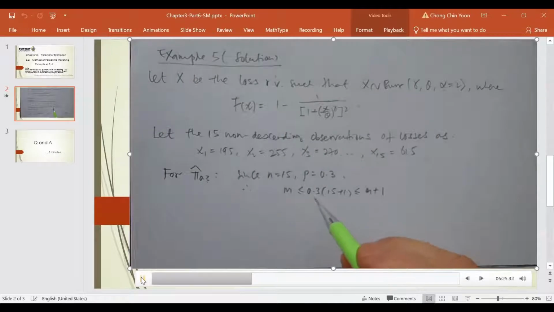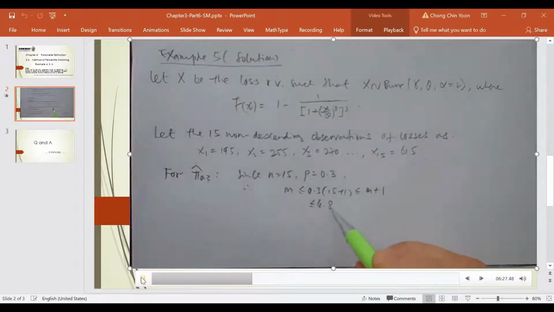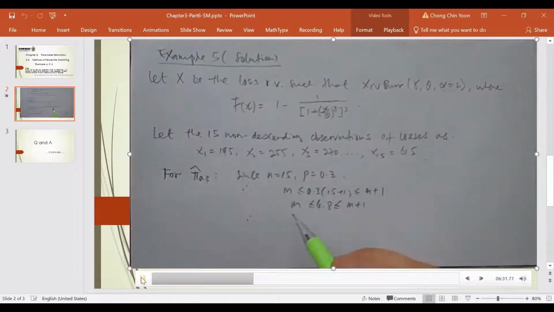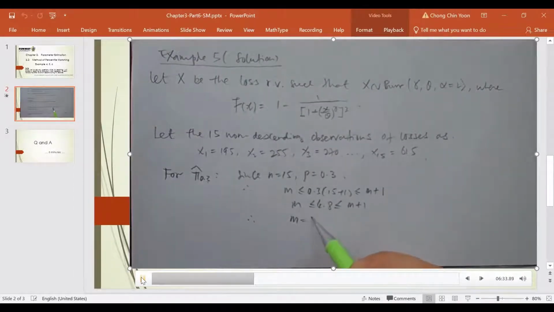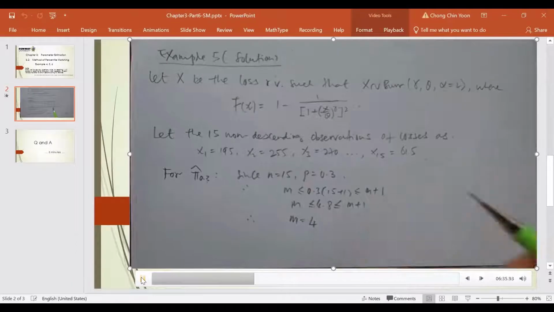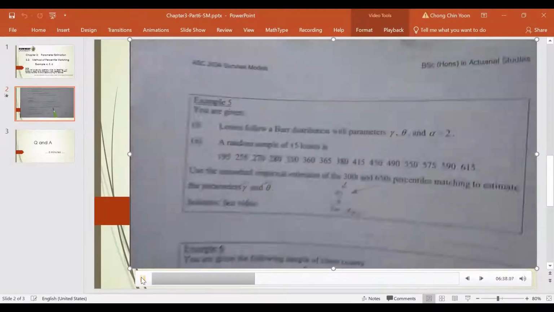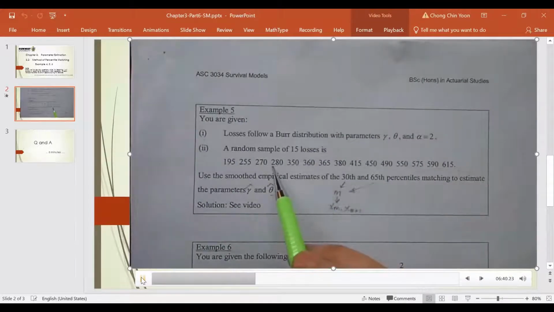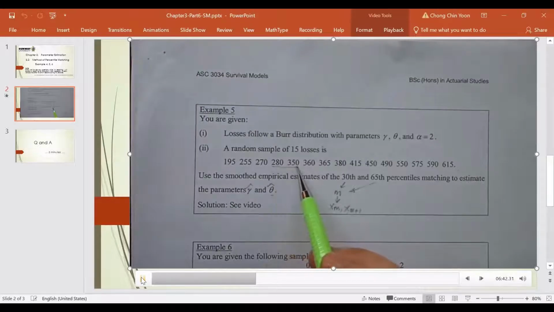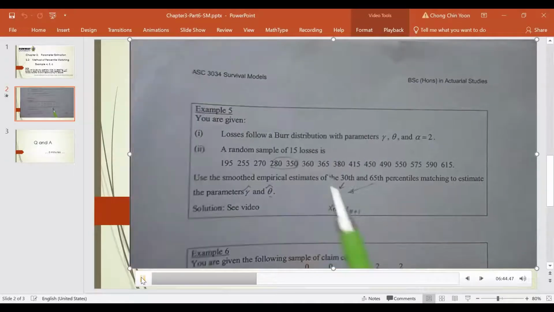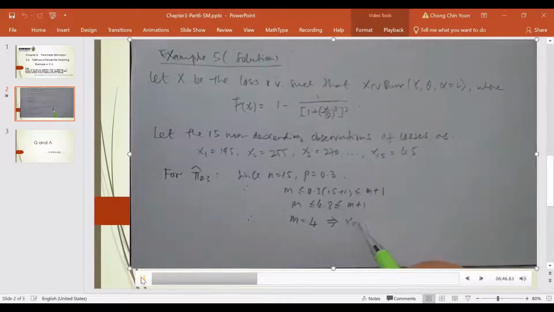So this will give me 4.8, which is bounded between m and m plus 1. Therefore, we choose m, which is 4. And this implies x4 is 280 and x5 is 350.